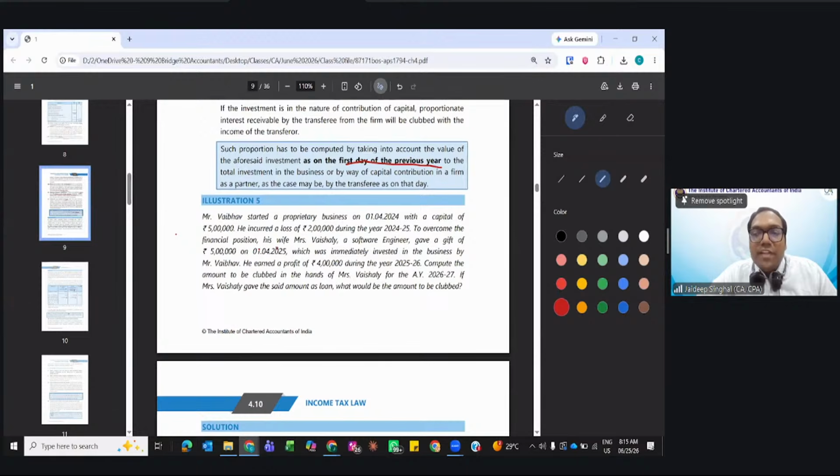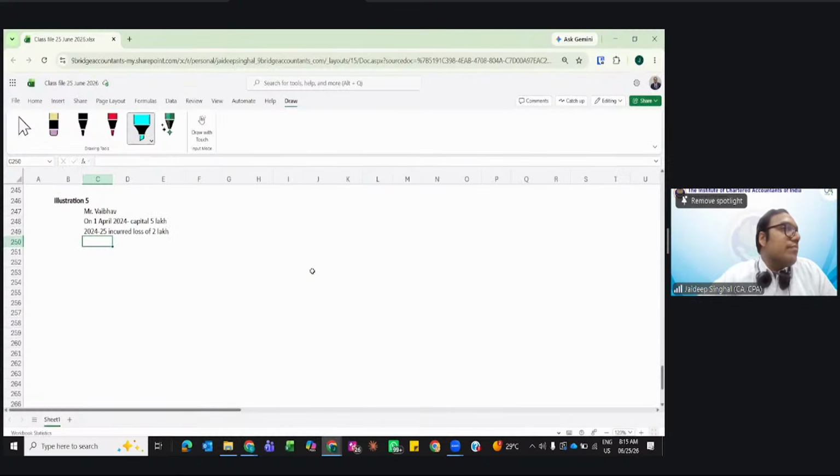To overcome the financial position, his wife, Mrs. Vaishali, a software engineer, gave a gift of 5 lakh on 1st April 2025. Wife gave a gift of 5 lakhs.